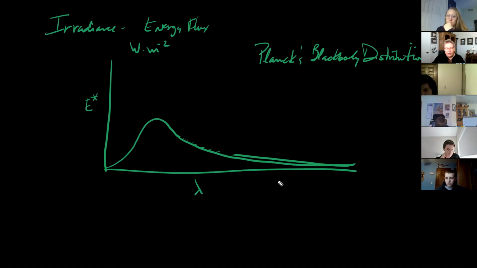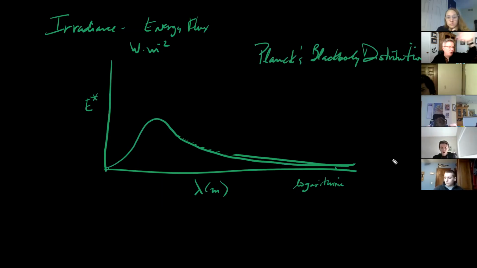Asymptotic. Well, it is asymptotic, that is true, because it never quite goes to zero either way. Gets close, but it never gets there, but it's also logarithmic. And it never goes to zero because you can't have a wavelength of zero. But you can have an infinitely long wavelength, I suppose.